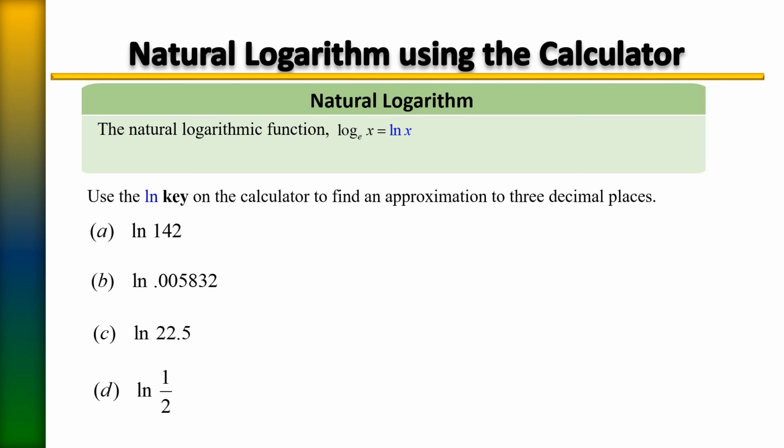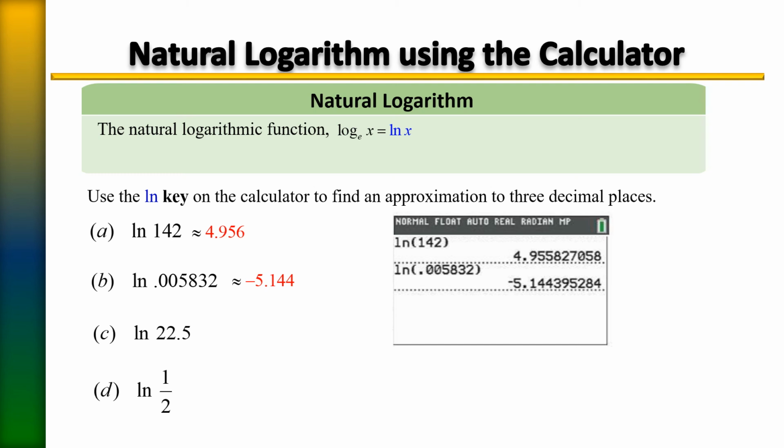So if you've located it already, I want you to type in the natural log of 142 and tell me what you got. So what you should have gotten, rounding it to 3 decimal places, is approximately 4.956.